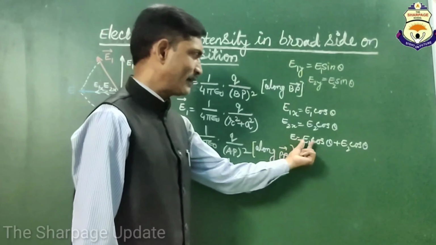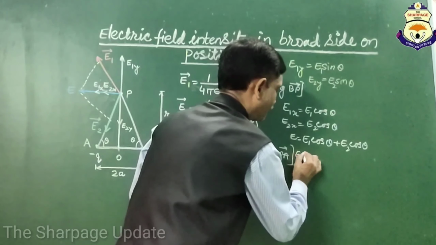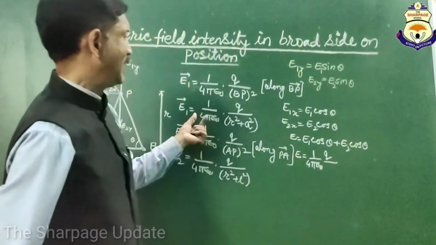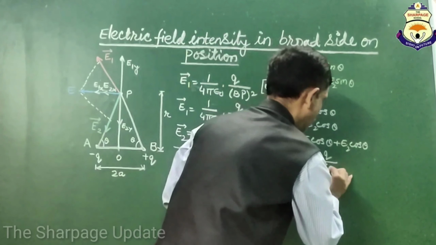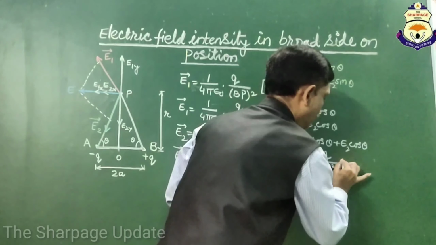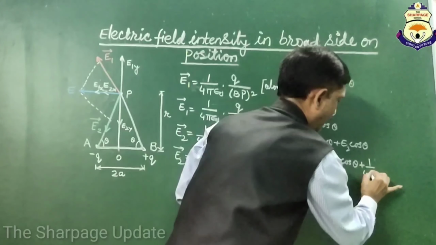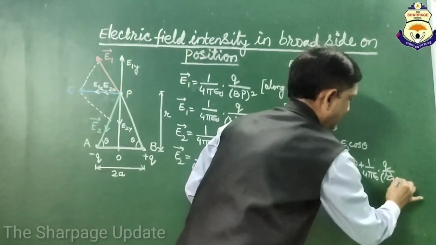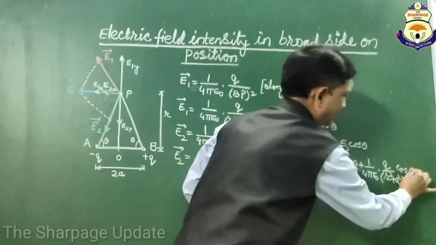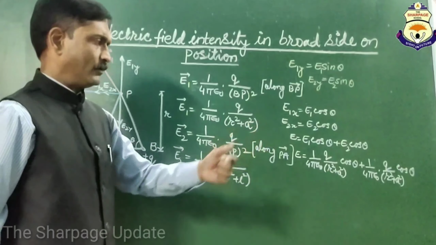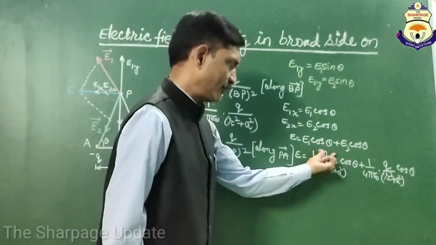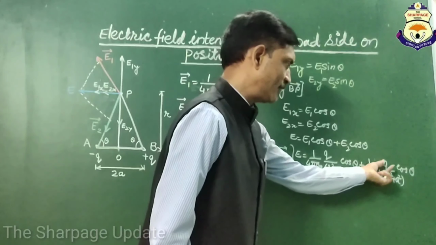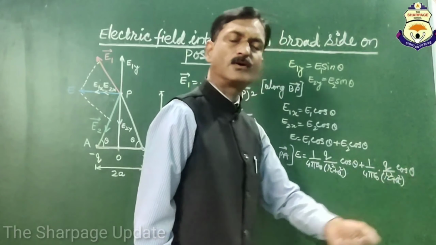So by substituting the magnitudes of E1 and E2, we get E equal to 1 upon 4 pi epsilon 0 into q divided by (r square plus a square) into cos theta, plus again 1 upon 4 pi epsilon 0 into q upon (r square plus a square) into cos theta.